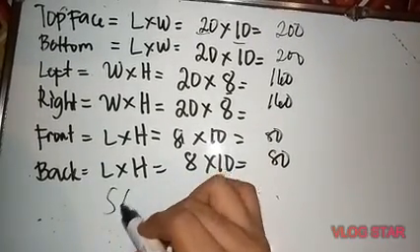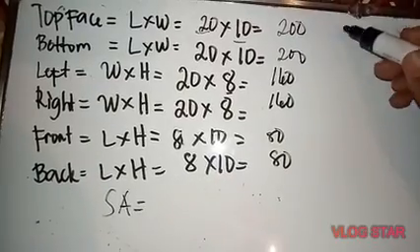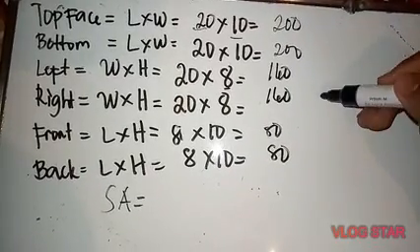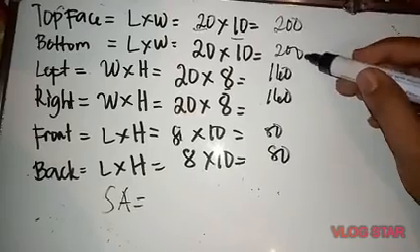So to get the surface area, add all the areas of the 6 faces. 200, 200.